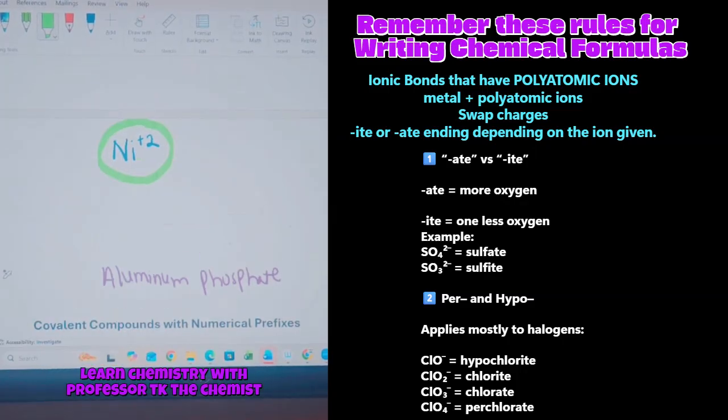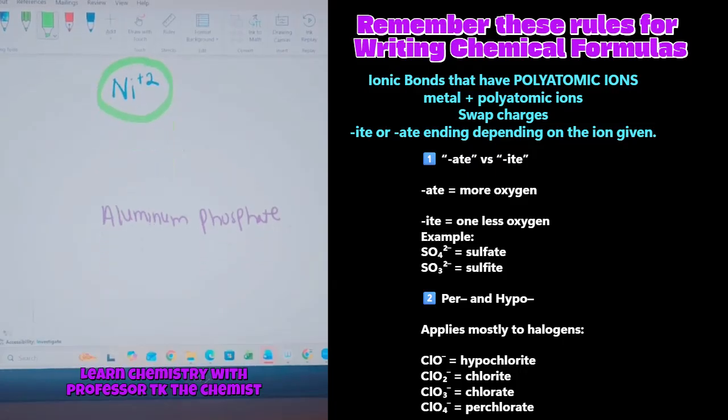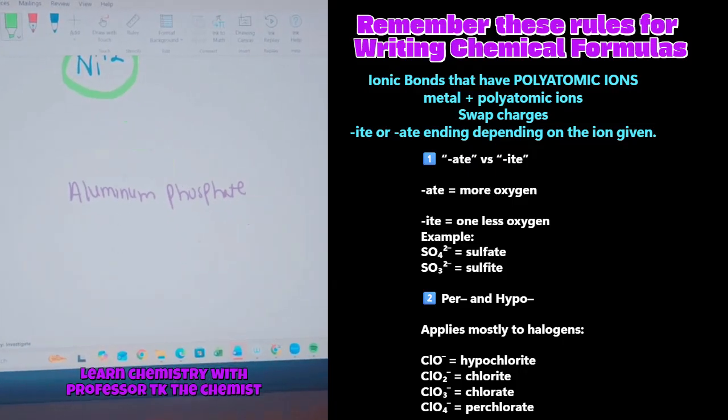We can do this one, but aluminum phosphate. Aluminum is +3. Phosphate is PO4, -3.